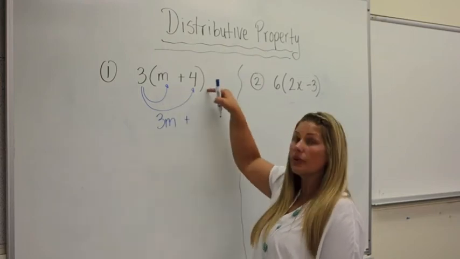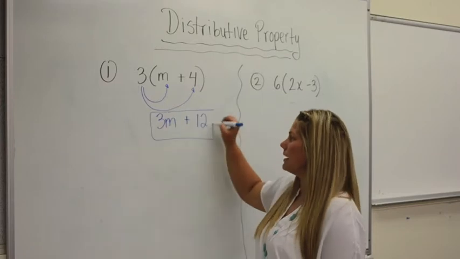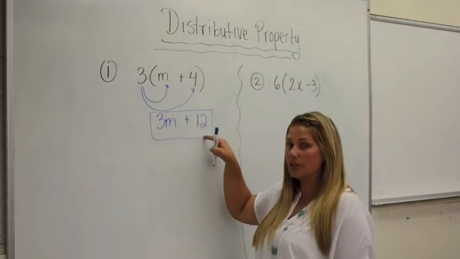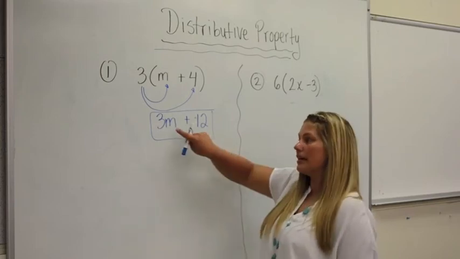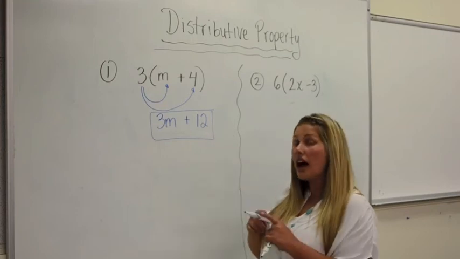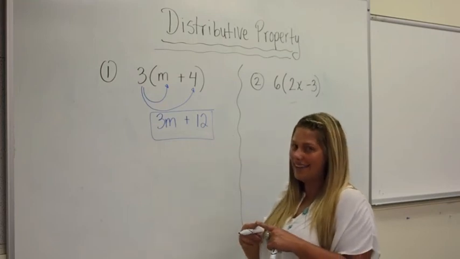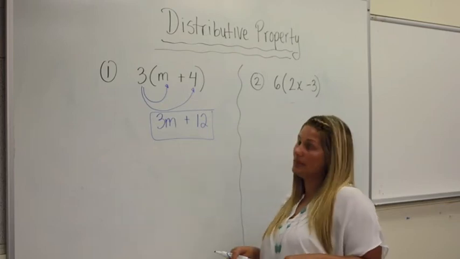And 3 times 4 is actually 12. So our solution would be 3m plus 12. And remember, I can't put those together because the 3 has an m and the 12 doesn't. So they're not allowed to combine. Why? Just like in the last lesson, they're not like terms.